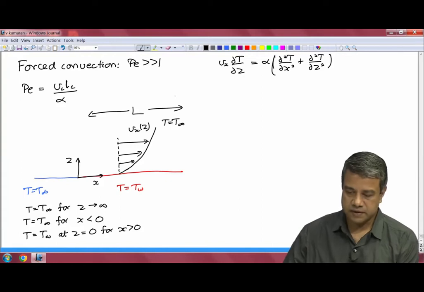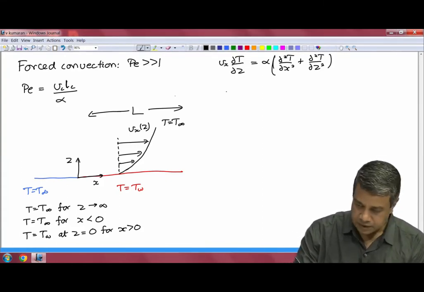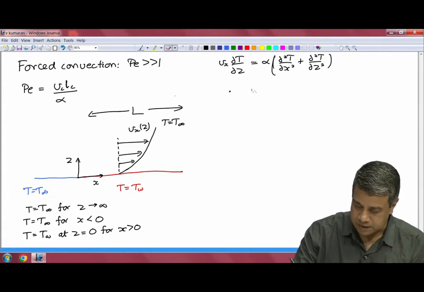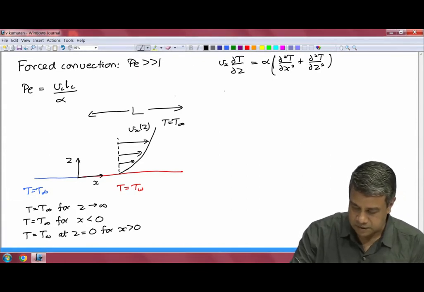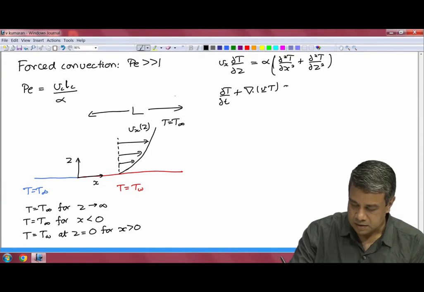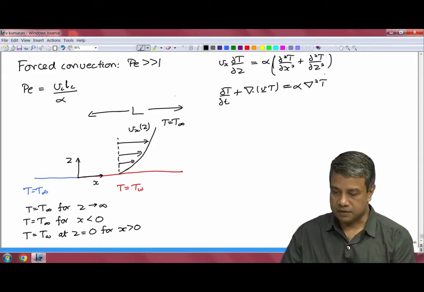Recall that the conservation equation was of the form divergence of V T. Let me take you back to the derivation of the conservation equation. Partial T by partial t plus divergence of V T is equal to alpha del square T. That was the conservation equation that we originally had.